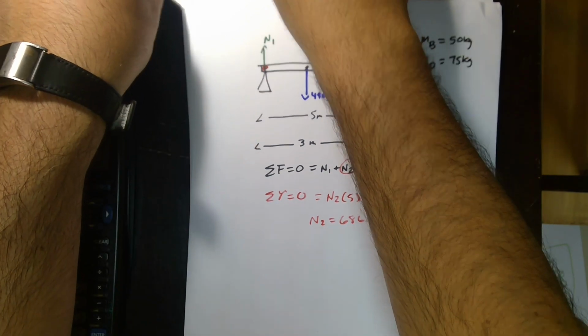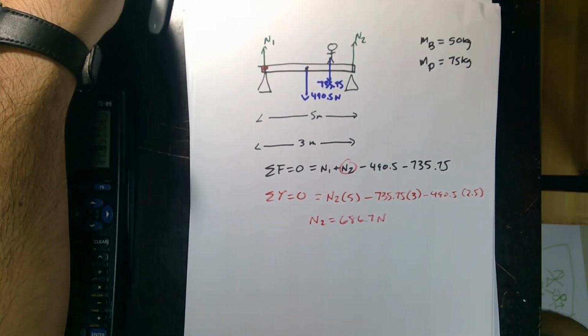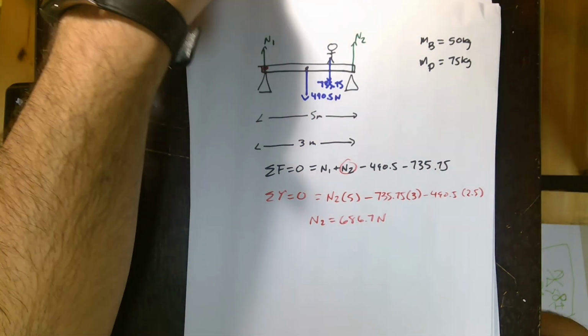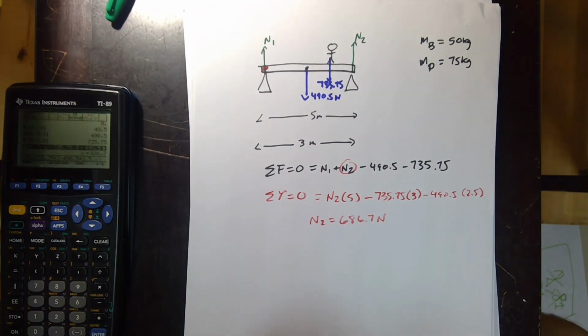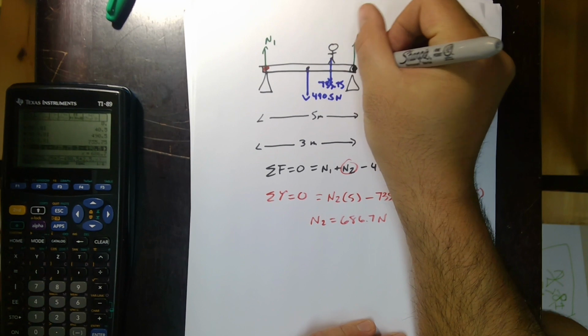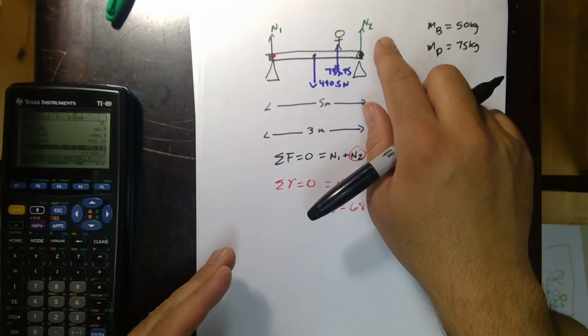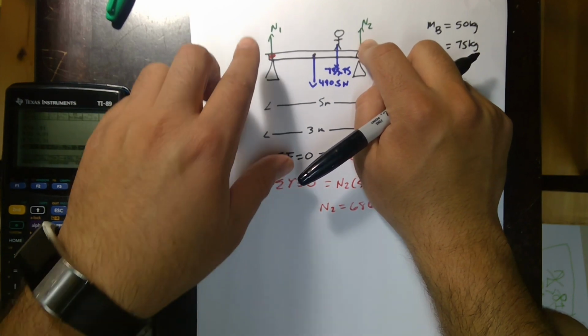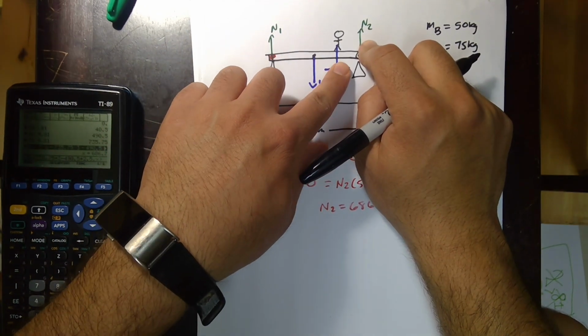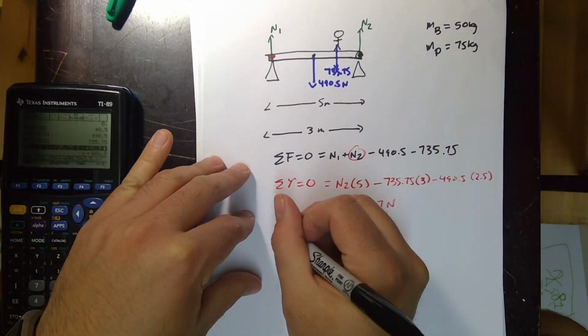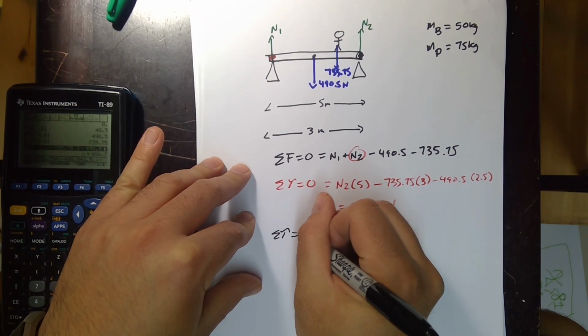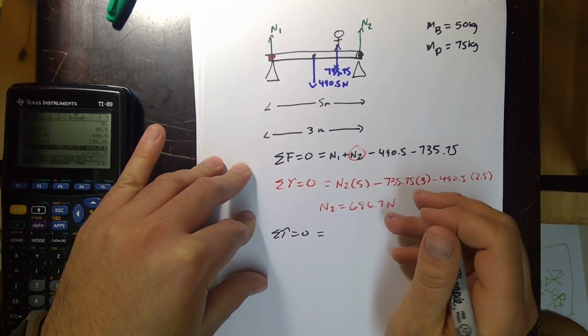Now, you could have solved for N1 directly by choosing a different pivot point. If I chose, let's say, this to be my pivot point, that would have changed the expression entirely. It would make this generate no torque, this would generate torque, this would generate torque, this would generate torque. If I look at the expression here, I would still assume it's not rotating, so sigma tau is equal to 0.